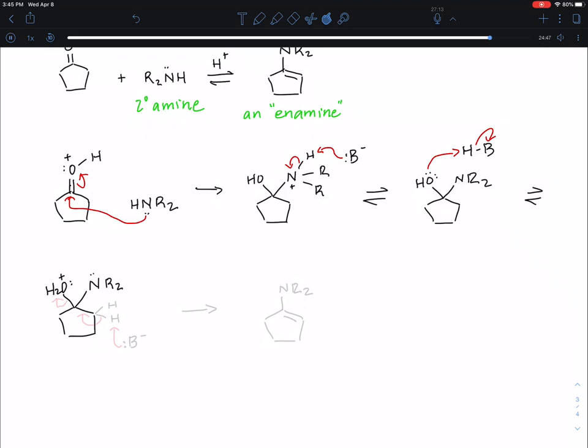Now there isn't. But guess where there is? There's two right here, or on the other side, take your pick. So this base is going to come and take one of these. These electrons are going to form a double bond here and kick water off. And you might be sitting there going, why don't you kick off R2N minus? Because it's too basic. Water is going to leave instead. And there's our enamine.